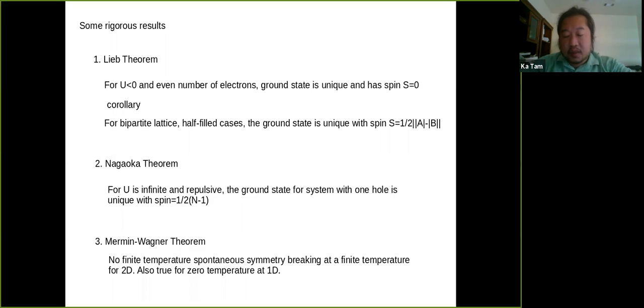So if you do a 1D Hubbard model, it should never have spontaneous symmetry breaking. There is no true long range order for antiferromagnetism, for example, but you still could have a power law correlation for the antiferromagnetic ordering, but it's not true long range order. This is what the theorem says.